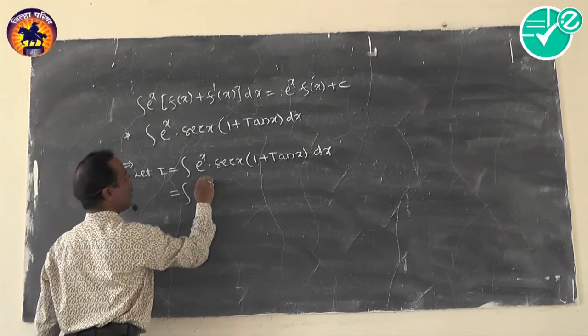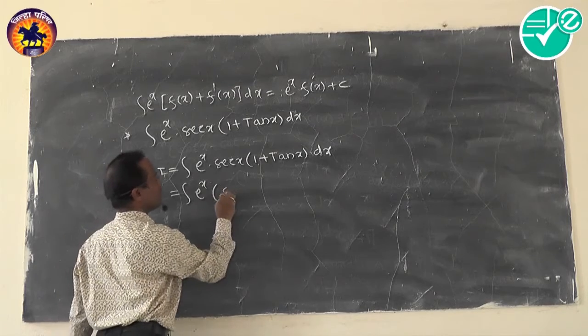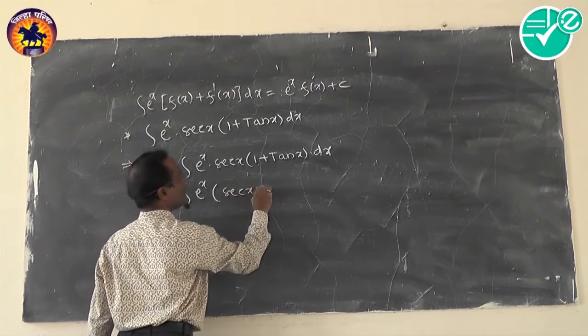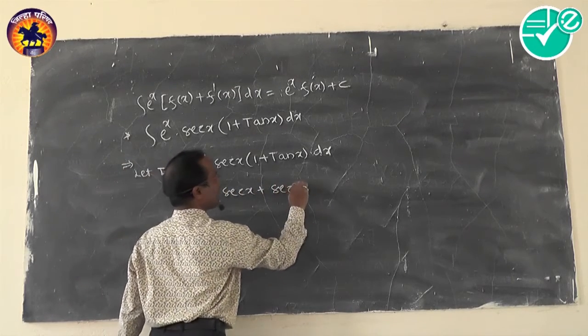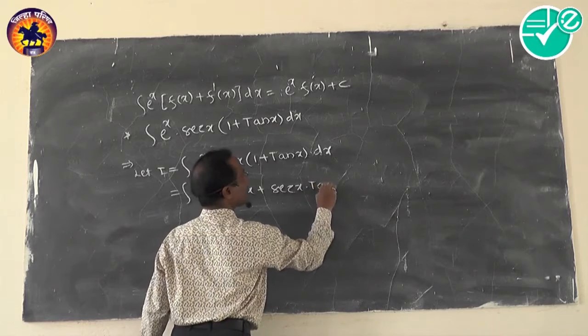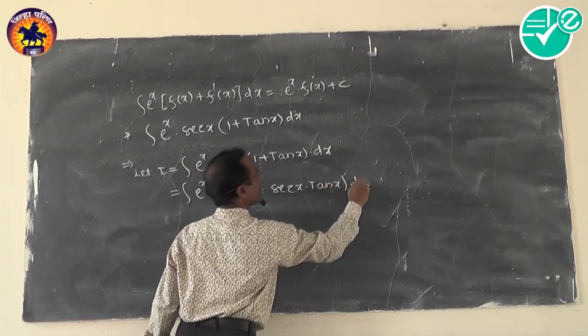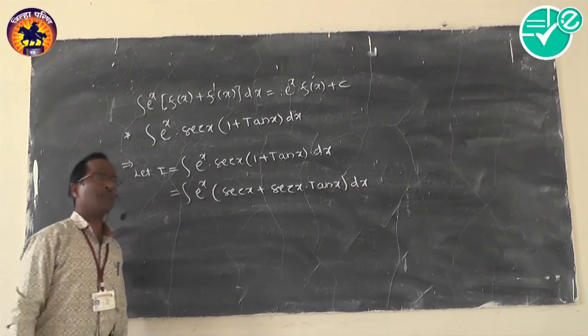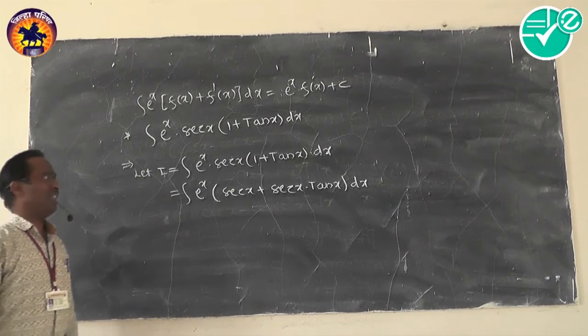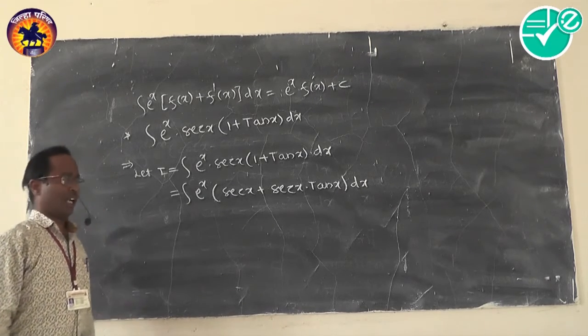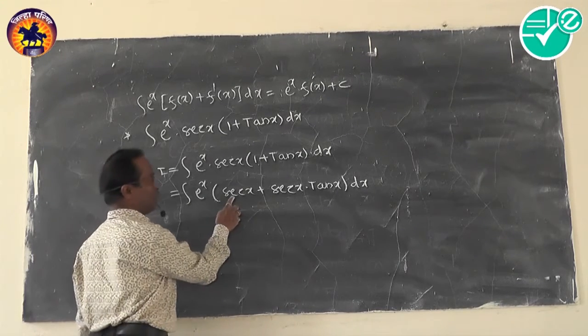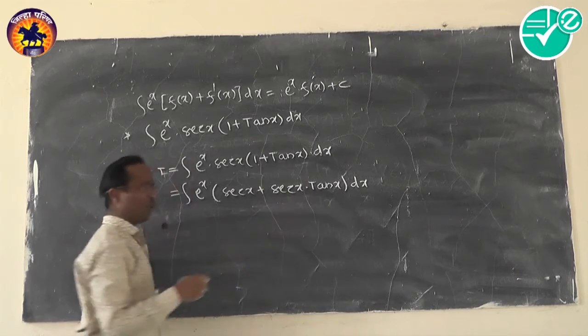Integral of e to the power x into sec x plus sec x into tan x dx. And we observe in the bracket which function is the derivative of the second function. Here derivative of sec x is sec x into tan x.